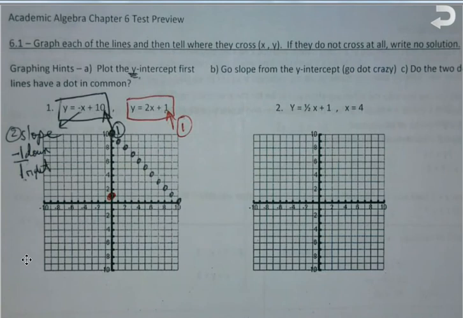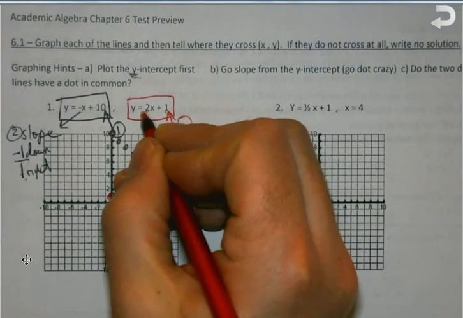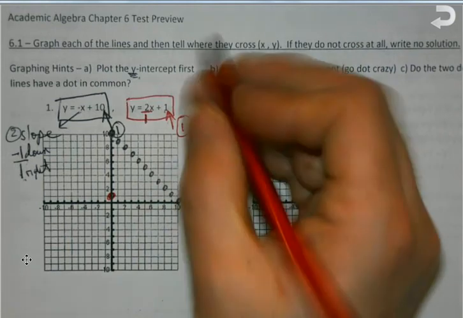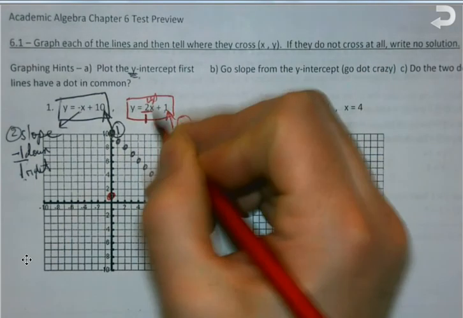And this time I see the 2, but again, it's not a fraction right now. So I want to put that over 1. So if my slope is 2 over 1, what directions am I going to head this time? Yeah, I'm going to go up 2 and right 1.